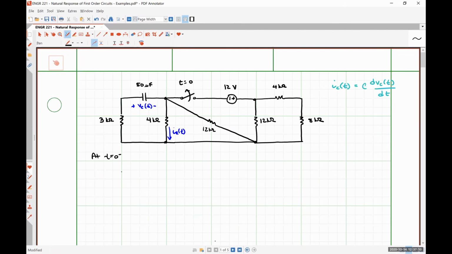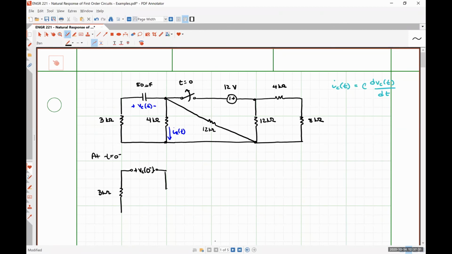So in this instance, we'll have our 3 kilo ohm resistor, an open circuit where our capacitor was. This will be VC at t equals 0 minus.